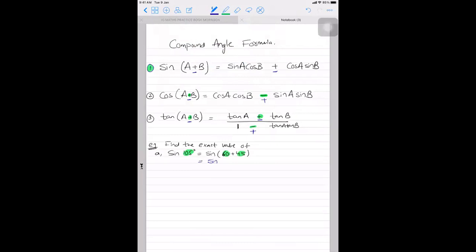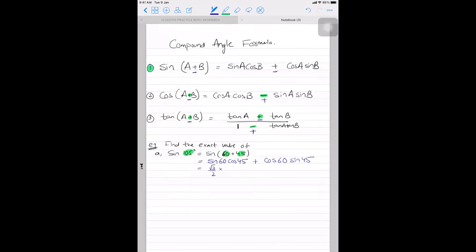Sine of 60 times cos of 45 plus cos of 60 times sin of 45. Sin of 60 is root 3 upon 2.